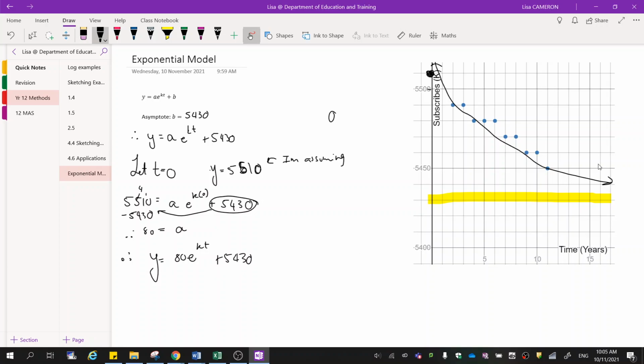Next thing I want to do is estimate another coordinate so that I can figure out the K value. So I'm going to let t equal, I'll just pick another one. I'll pick this one.